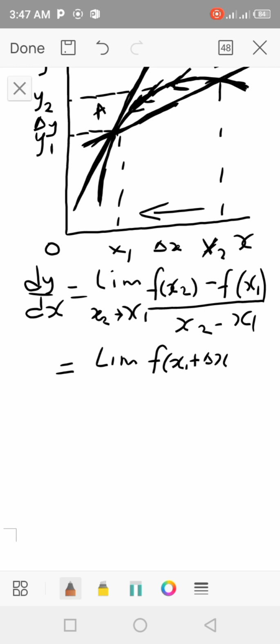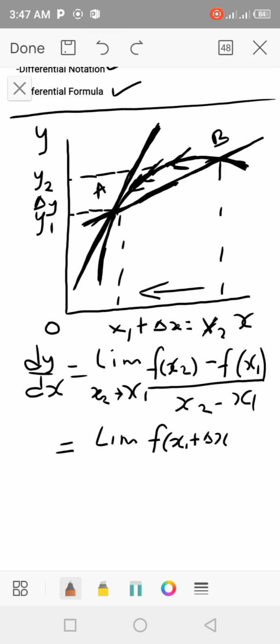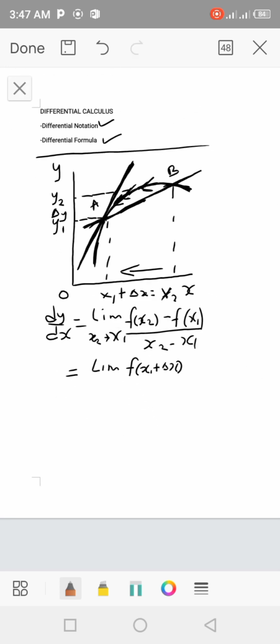So when you add change in x to x1, that will give you x2. Then minus f of x1, whole over, now our x2 minus x1 at the denominator will be expressed as just change in x.